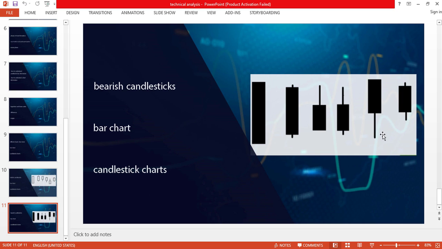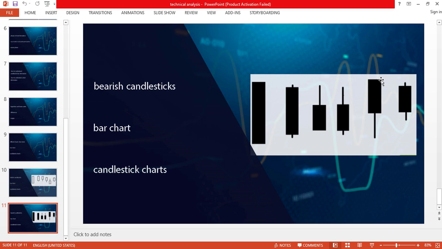Let's see the shadows under the candles. The shadows under the candles show an upward trend, showing that the traders are trying to push the price to start an upward movement, but they haven't been able to make that price.